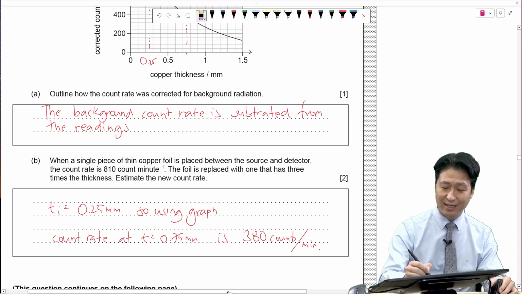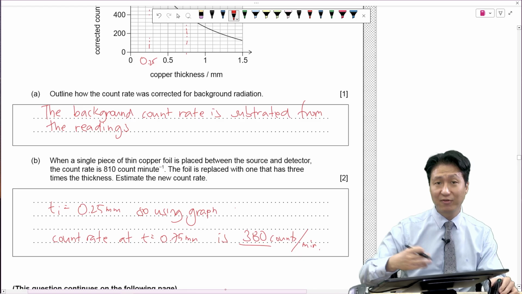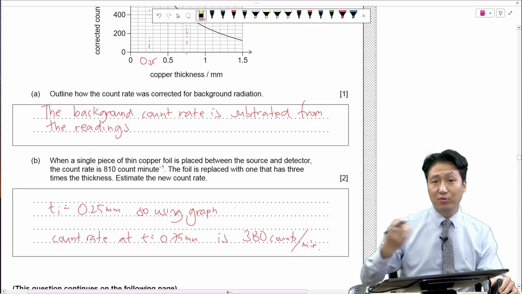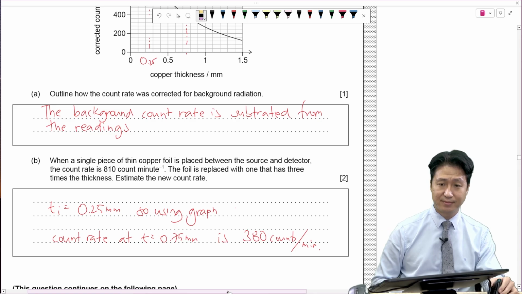You don't have to get the exact reading 380 because it's a graph.